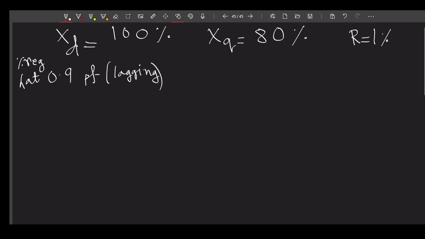Right, and XL is 10%, and the OCC has to be taken from the OCC. Let me share the OCC.